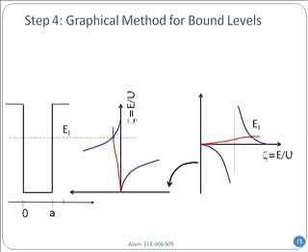It cannot sit below, nor can it sit above. So you can easily calculate it graphically. As soon as the potential and the value of A are given, you can draw the blue and the red curves, and that immediately gives you the value of the bound level. Okay, it's nothing complicated here.